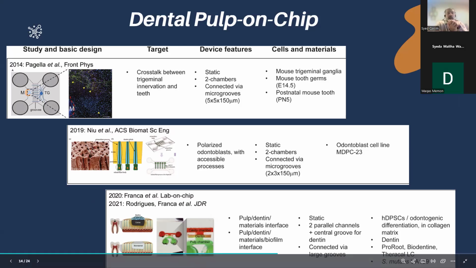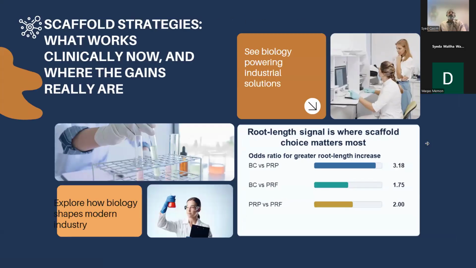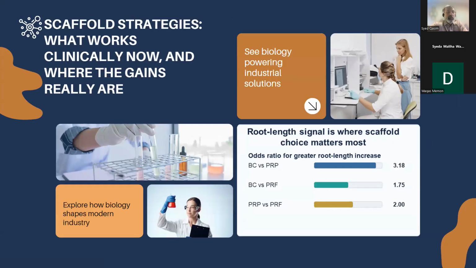So whenever you get time, if you can find those papers, dental pulp on a chip is a fascinating field. Or maybe you will see regenerative endodontic procedures or therapies being tested.